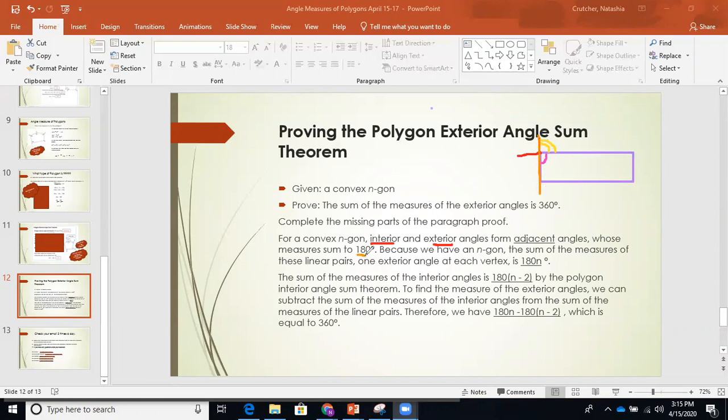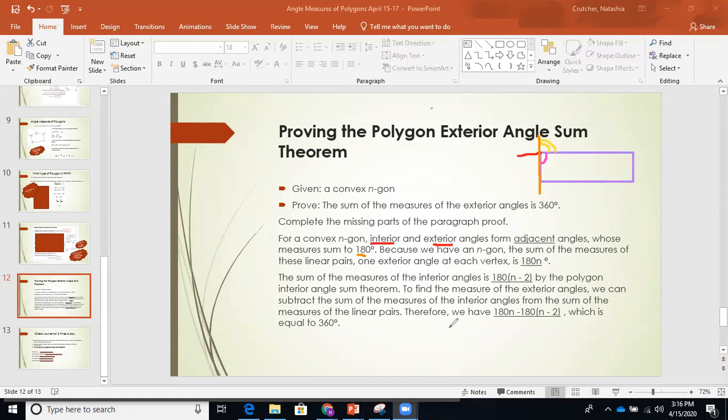So 180 degrees. Then, because we have an n-gon, the sum of the measures of these linear pairs, one exterior angle at each vertex, is 180 times n degrees. Then the sum of the measures of the interior angles is 180 times n minus 2 by the polygon interior angle sum theorem.